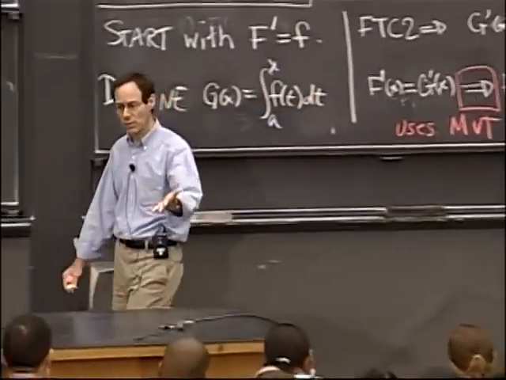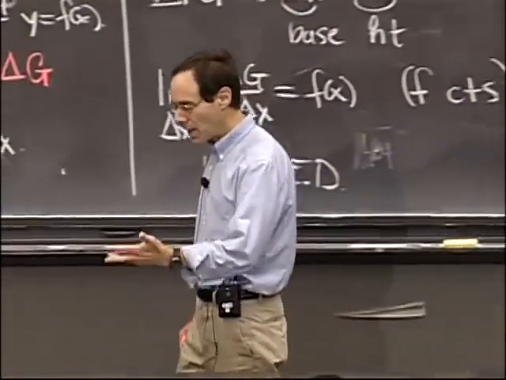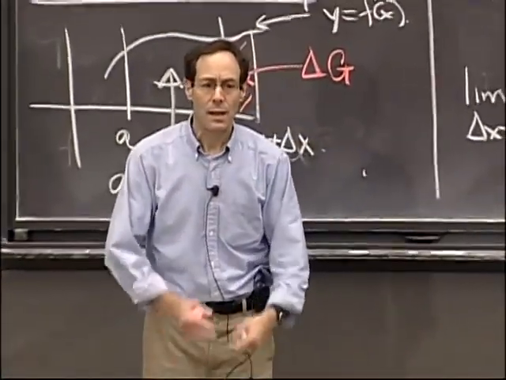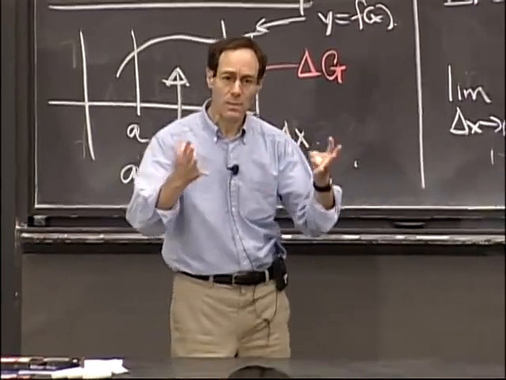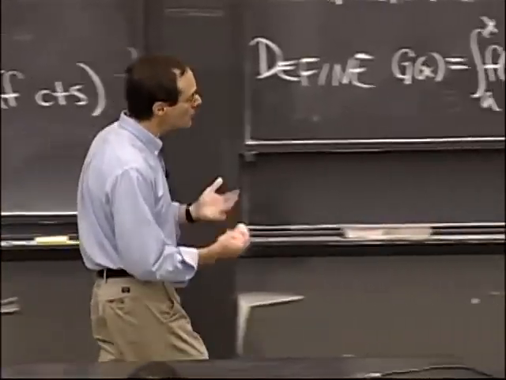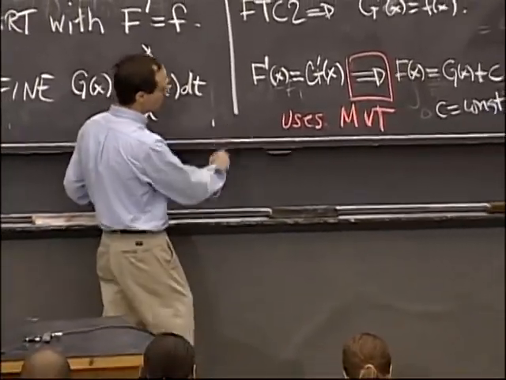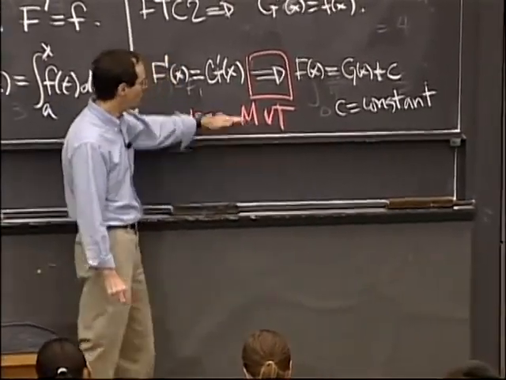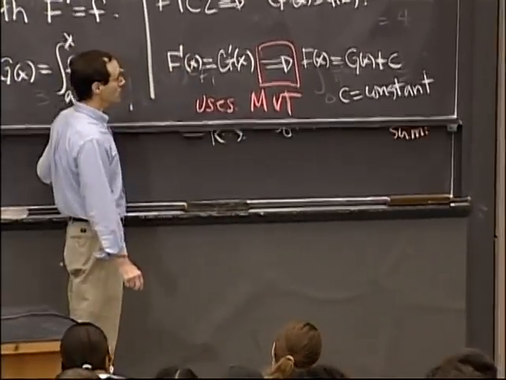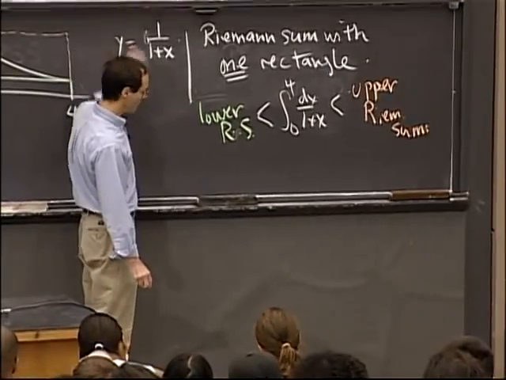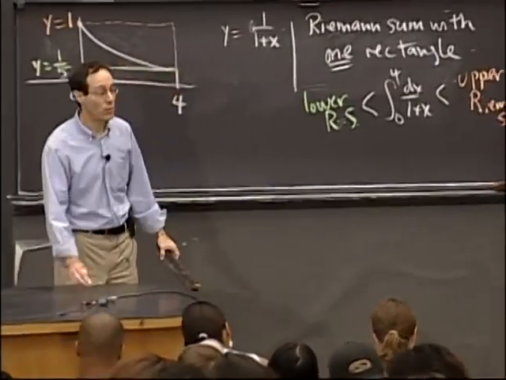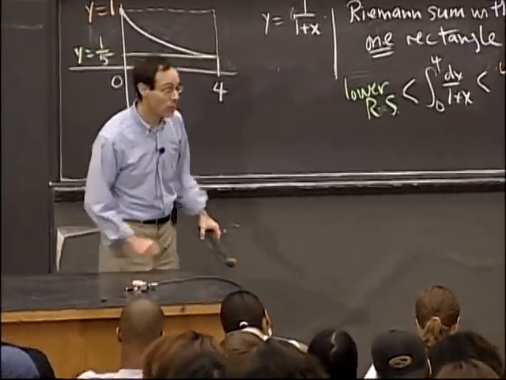Or that if a function has derivative 0, it's a constant itself. Now that is the fundamental step that's needed, the underlying step that's needed. And unfortunately, there aren't any proofs of it that are less complicated than using the mean value theorem. And so that's why we talk a little bit about the mean value theorem, because we don't want to lie to you about what's really going on.